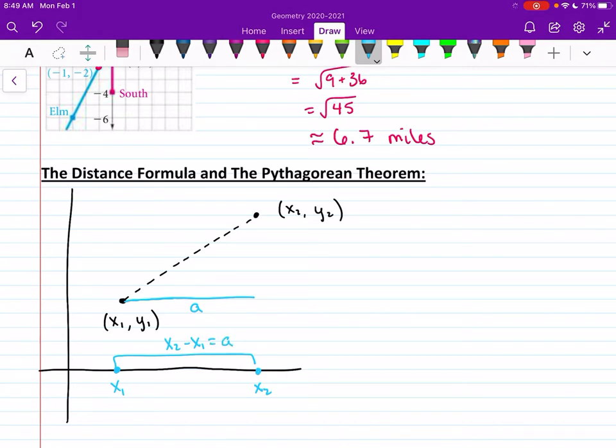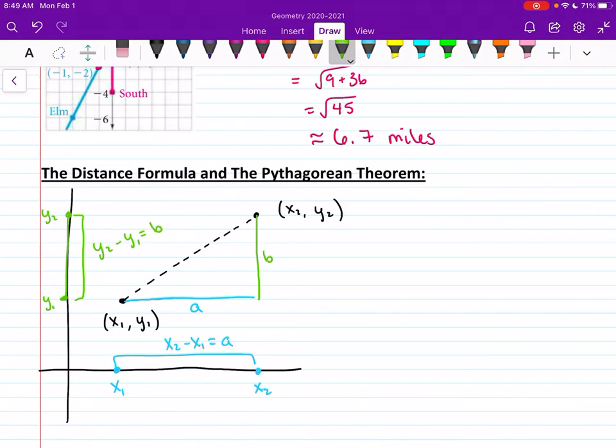Then I can do the same thing with the y's. My distance formula says take the y coordinates. So here is y2, and here is y1, and find the distance between them. This distance here is going to be y2 minus y1, which we're going to call b.